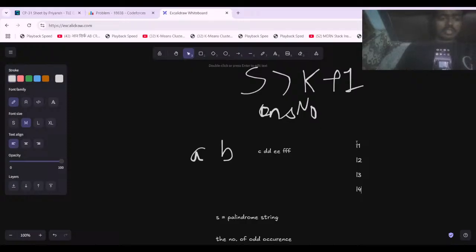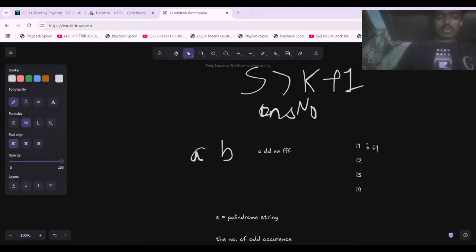I can create a palindrome very smartly. Pick L1, and let's say the frequency of L1 is F1, which is even in nature.